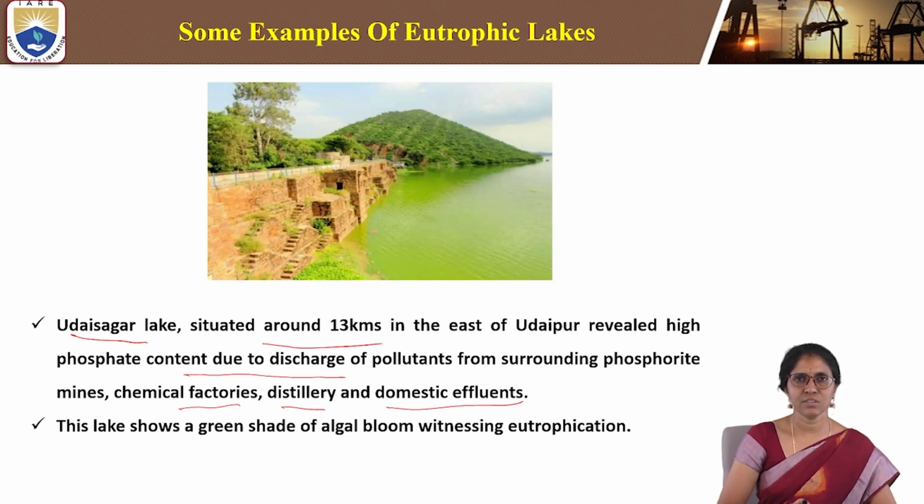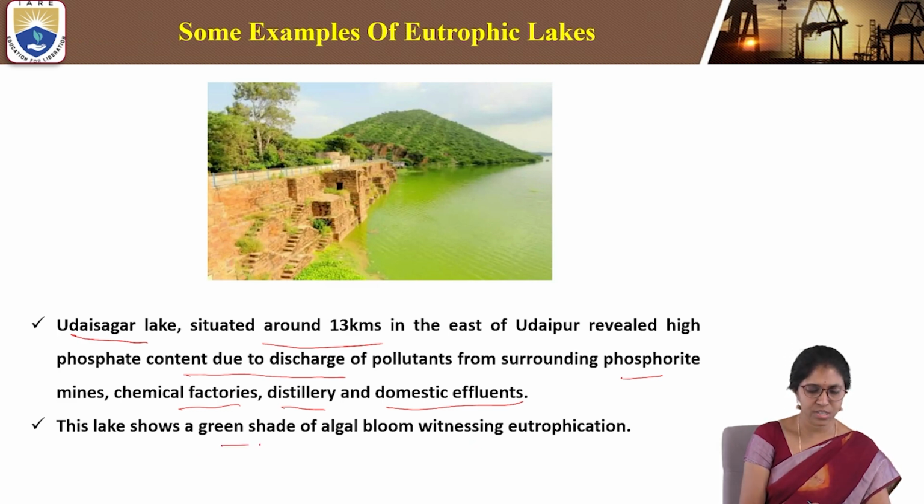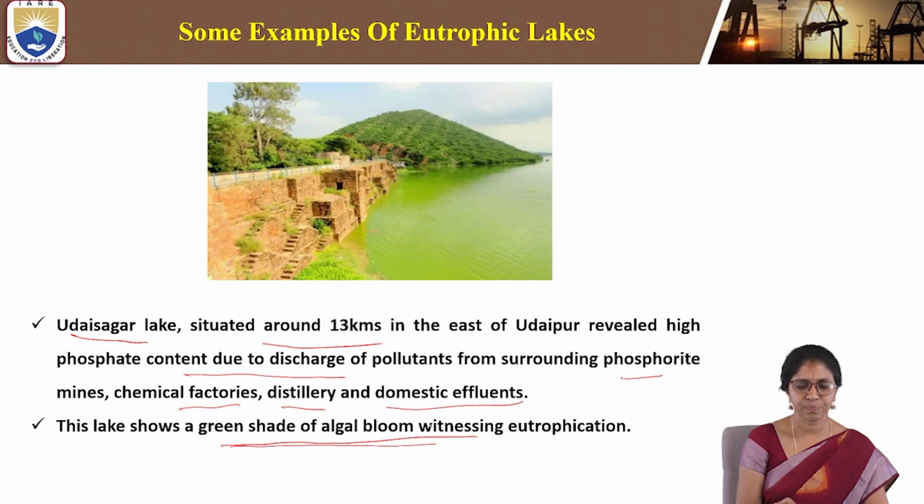It revealed high phosphate content due to discharge of pollutants from surrounding phosphorite mines, chemical factories, distilleries, and domestic effluents. This lake shows a green shade of algal bloom, witnessing eutrophication.